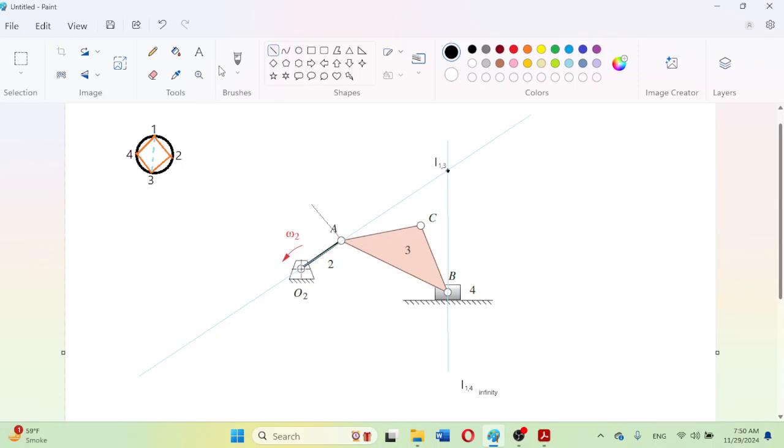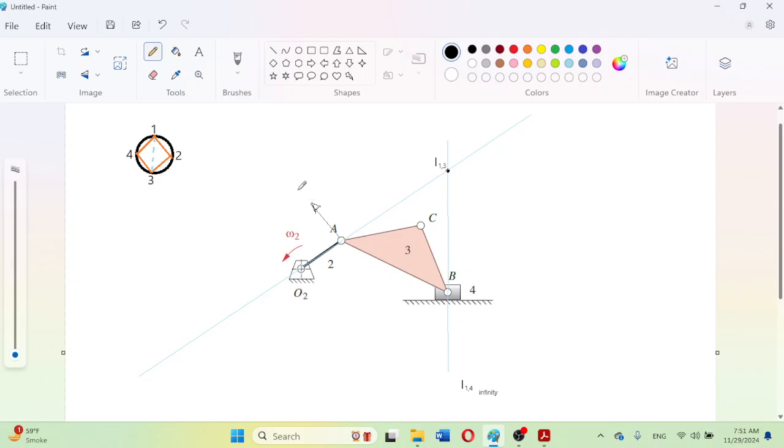I am just briefly explaining how you will be solving. If you are required to draw the velocity vector VA, that will be perpendicular to this crank and perpendicular on this instance center I1,3. So we will be determining the magnitude of the crank linear velocity.